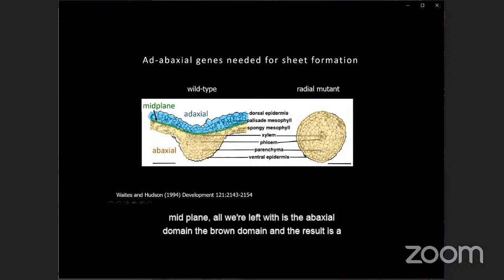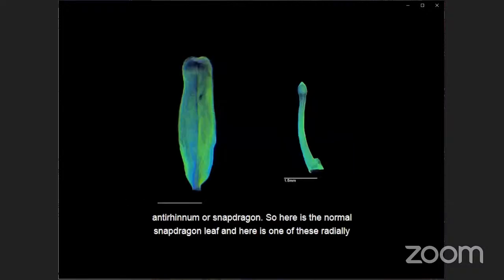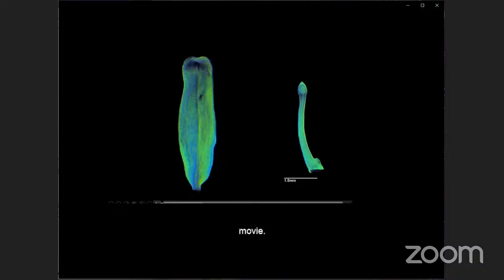All we're left with is the abaxial domain, the brown domain, and the result is a radially symmetrical mutant. So to illustrate that, I'm going to show you it in a different species, Antirrhinum or snapdragon. So here is the normal snapdragon leaf, and here is one of these radially symmetrical mutants where these domains have been inactivated. So now I'm going to play that movie.